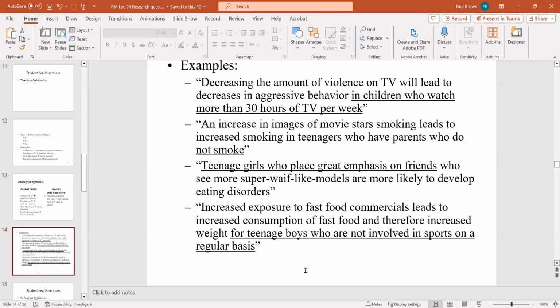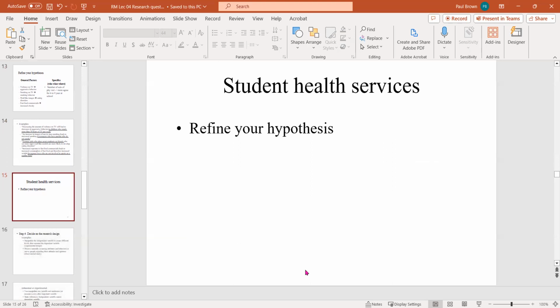Okay. So now, after you've gone through this exercise, you refine your hypothesis. The hypothesis now is not just, will students with more knowledge of health services, blah, blah, blah.